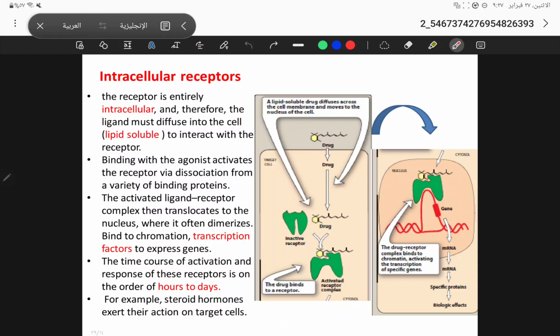This complex is then translocated inside the nucleus and will affect, مثل ما قلنا شنو؟ gene transcription and generate messenger RNA, then translation into protein, and we will get the effect in this case. Also, the effect will last from hours to days.